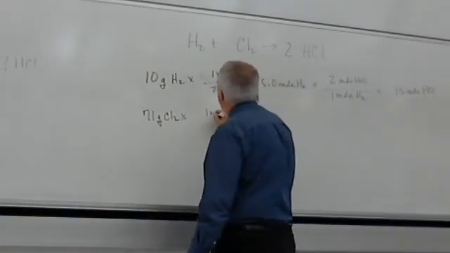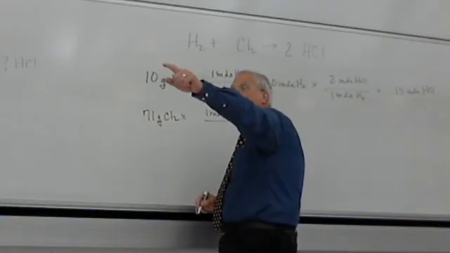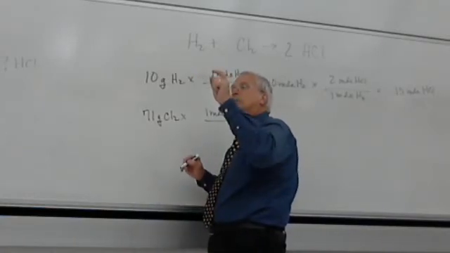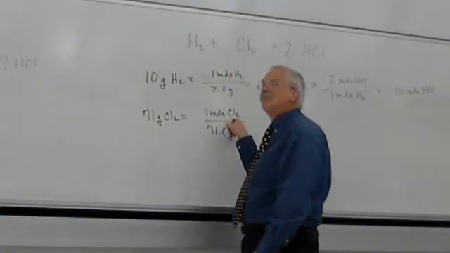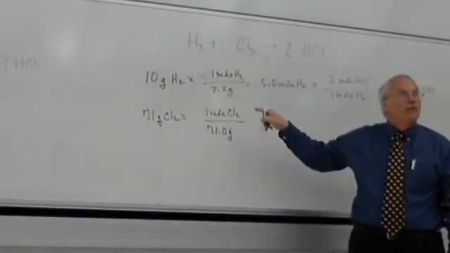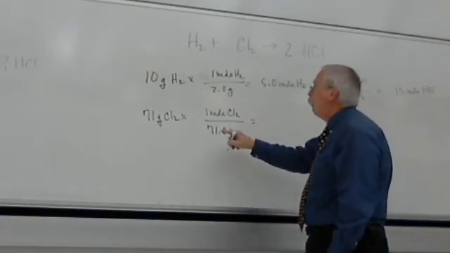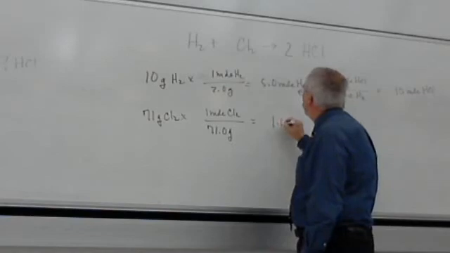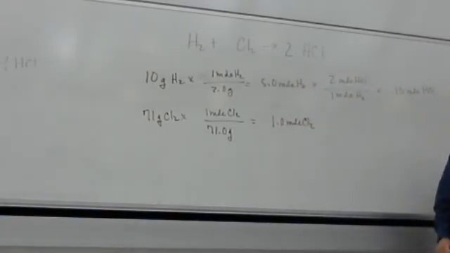I need to know what 1 mole of chlorine weighs. 71, because it's Cl2, so I take my 35.5 and I double it. What a coincidence. I get 1 mole of chlorine.